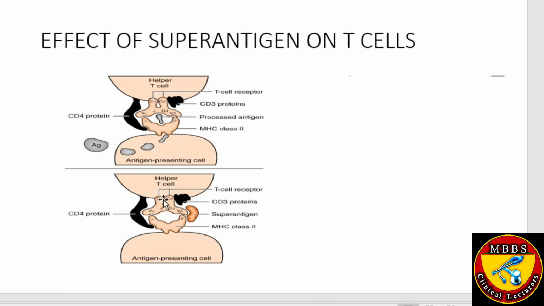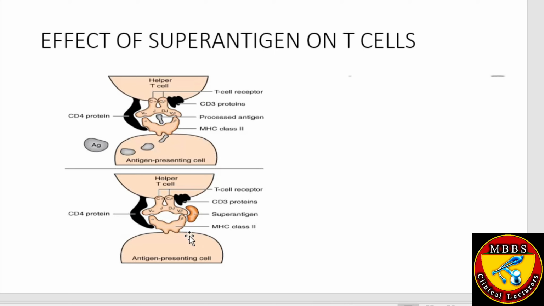But in the case of the superantigen, in the bottom picture, the helper T cell is activated by the binding of the superantigen outside of its antigen binding sites, as we see in this picture, without being processed by the antigen presenting cell. And as I said earlier, superantigens can activate a large number of T cells without internal processing.